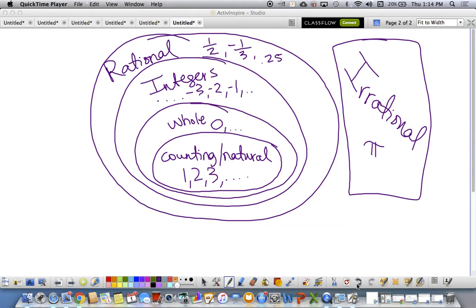Does everybody see something that's a circle? Let's find something that's a circle. There's a circle. Where did they come up with pi? They could actually measure the distance around the circle, which is the circumference. Then they could measure the distance across, the diameter.